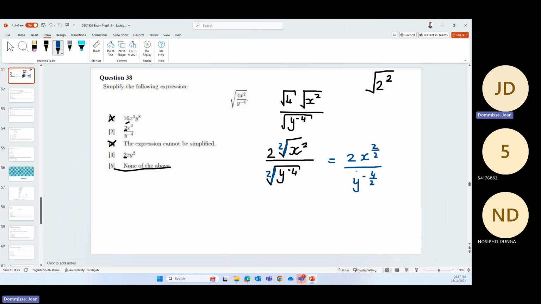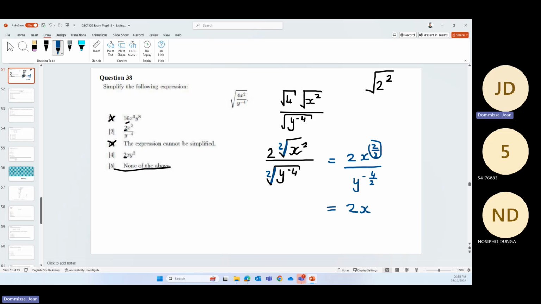So now we've got it a bit simpler. We still don't have something that is linked to option 2 or 4, but let's see how we can simplify. Okay, so 2 stays 2, x 2 divided by 2, so that becomes x to the power of 1.